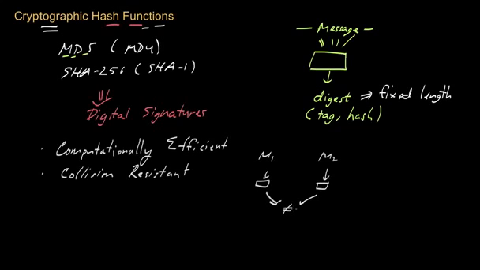Okay. Now I should take a step back here and point out that in practice, given that messages can be of arbitrary size, and given that the output is a fixed size, it's not mathematically possible to guarantee that the output will always be different for two distinct messages. But what you typically want is not that the outputs are necessarily different, but that it's hard to find two distinct messages that produce the same output.